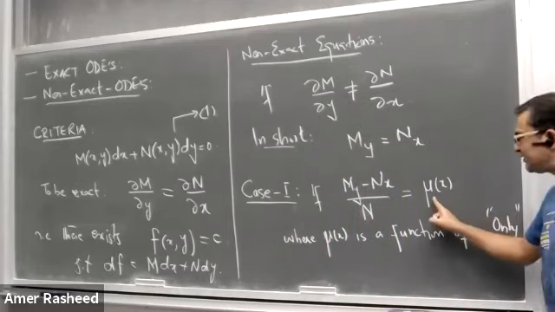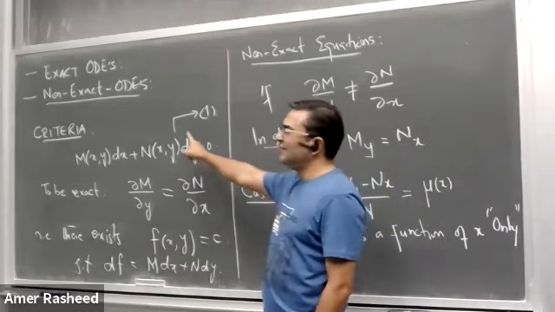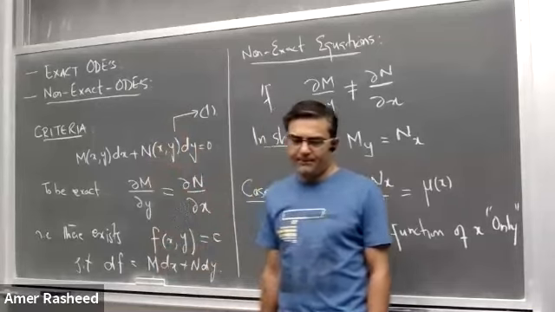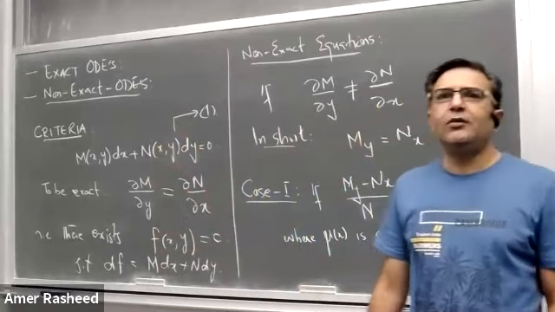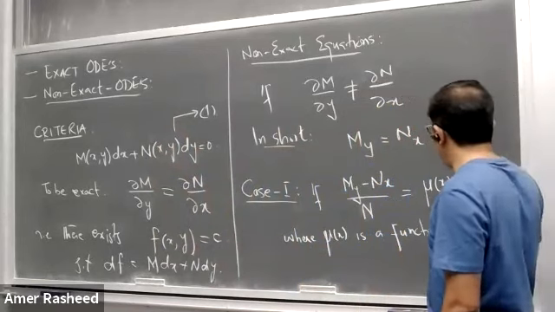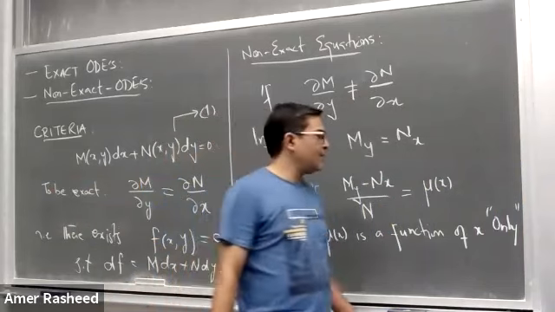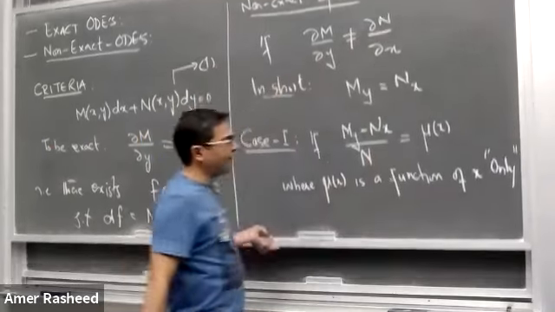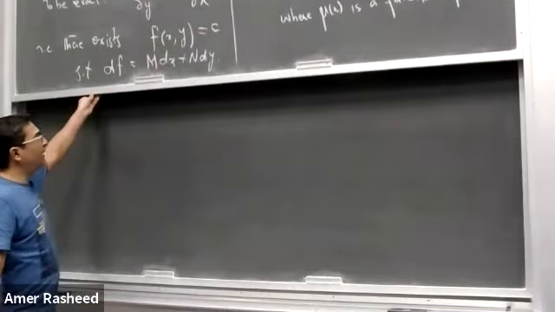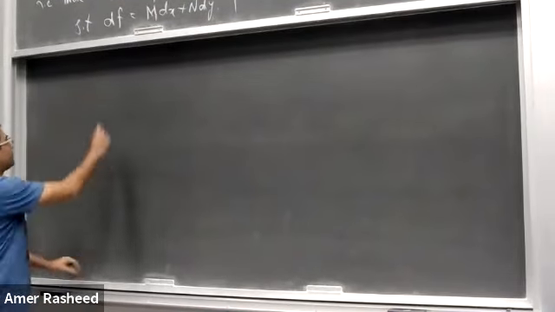Then this function will be the integrating factor for this equation 1. And what do we do with the integrating factors? We multiply the integrating factor on both sides of the equation.